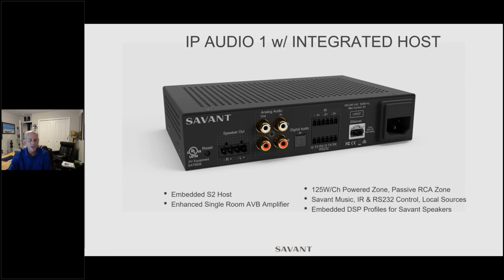So at its core, it's a 125 watt per channel, 2-channel amplifier. So it has a very robust amplifier built into this small box. And then it also has an embedded S2 host from Savant. So it has a control processor built into this little box, this little amplifier.